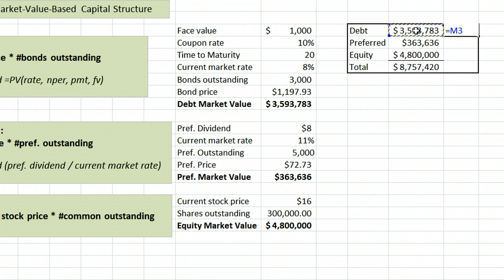So take the amount of debt divided by the total, the amount of preferred divided by the total, and the amount of equity divided by the total, and you have found the firm's market value based capital structure: 41% debt, 4.2% preferred, and 54.8% equity.